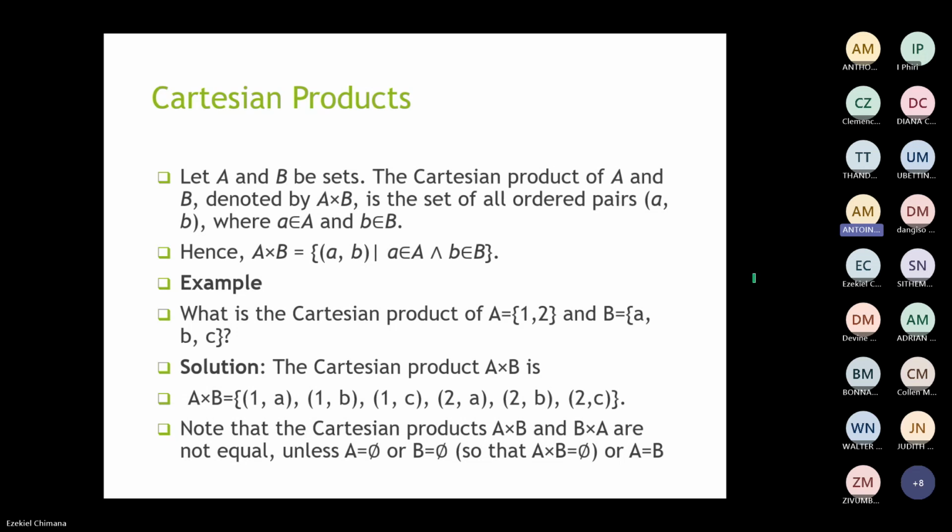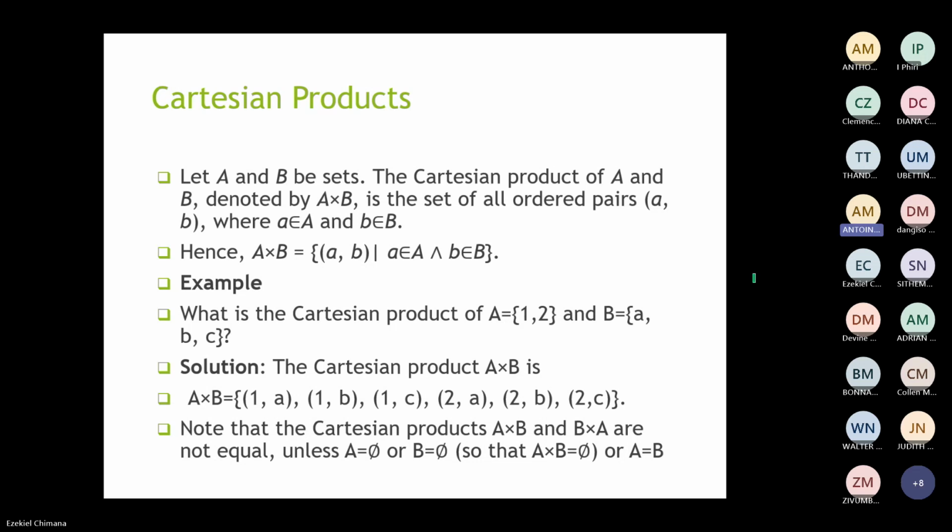Example, what is the Cartesian product of A equals {1, 2} and B equals {a, b, c}? Then the solution, the Cartesian product A times B is equal to {(1,a), (1,b), (1,c), (2,a), (2,b), (2,c)}.